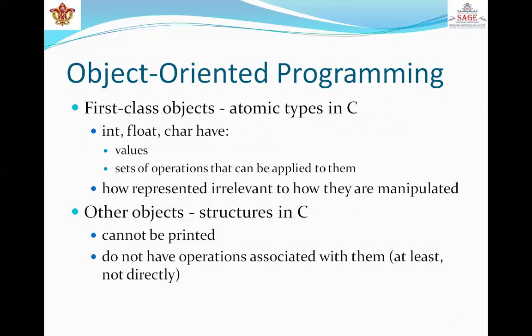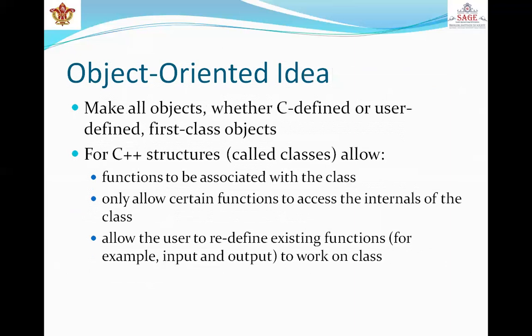How they are represented is irrelevant to how they are manipulated. Other objects, like a structure in C, cannot be printed. They don't have operations associated with them, at least not directly.